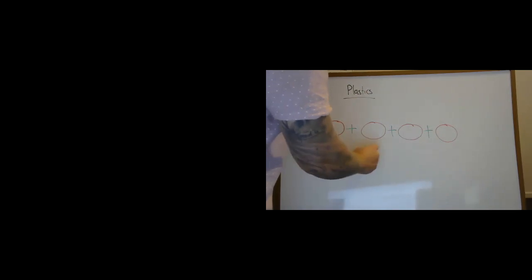So we take monomers. So we have monomers being one. We add them together and we get polymer. Polymer meaning many.